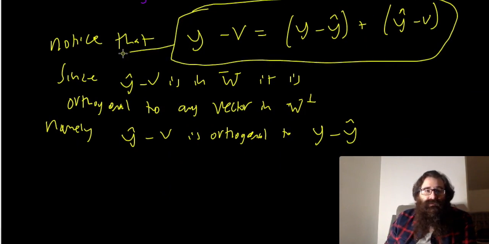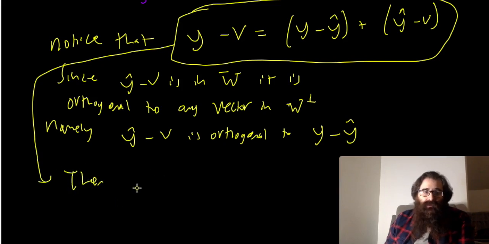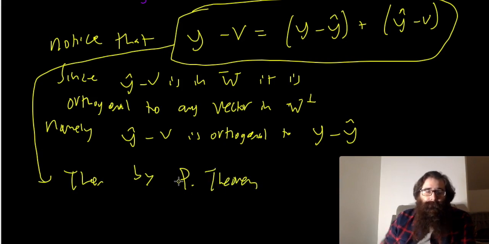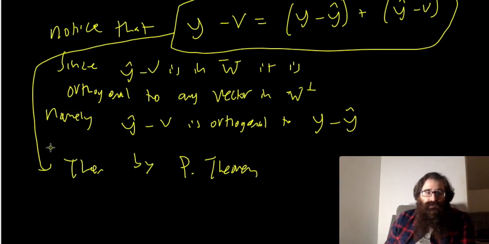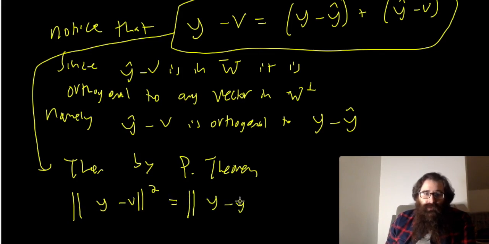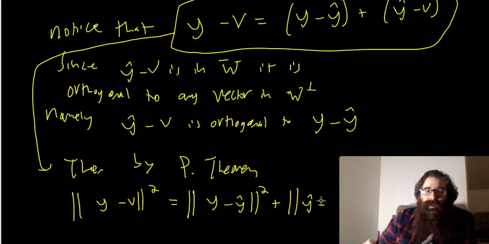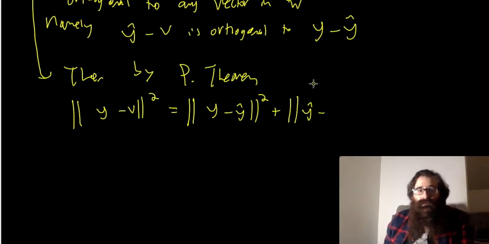So I'll circle this, and then I'll say, then, by Pythagorean's theorem, I have the magnitude of y minus v squared is equal to the magnitude of y minus y hat squared plus the magnitude of y hat minus v squared.